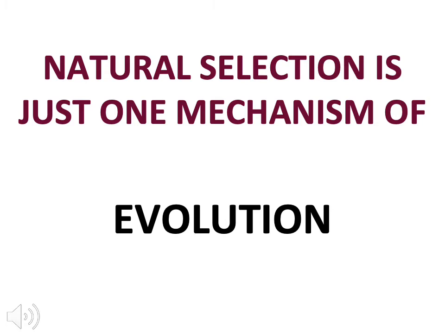So we are going to identify 4 different mechanisms of evolution in addition to natural selection. And as we cover these 4 different mechanisms, we'll try to remember that natural selection is the overriding mechanism that drives the process.